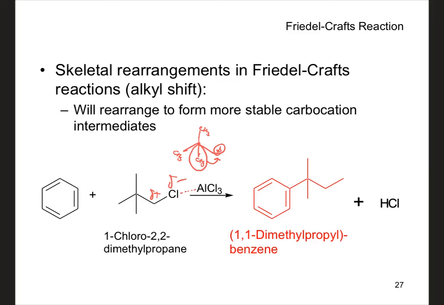So let's number them. It sometimes just helps to number things to see. So when that 1,2 methyl shift happens in this case, what is the bond that you're breaking?